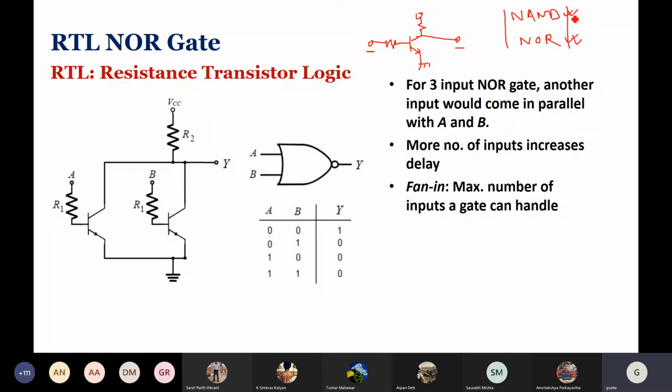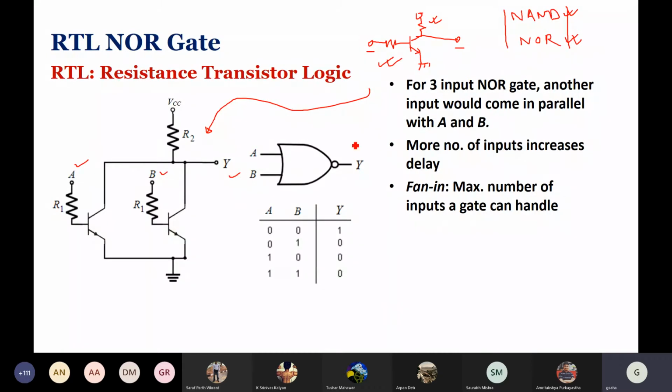So this circuit that we have studied before, if you give it a little bit of a tweak, where the RC part remains the same and we bring in one parallel block of RB, then this circuit with two inputs A and B and one output will behave like a NOR gate.